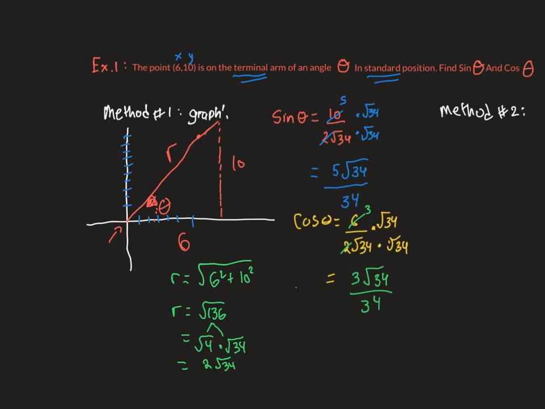So basically the second method is skipping the hard work and going right to the identity. Which means you're going to go straight into this. R is equal to square root of 6 squared plus 10 squared is equal to square root of 136. And you're going to get the same thing as you got here. Okay, so that's the 2 different ways you can do that.